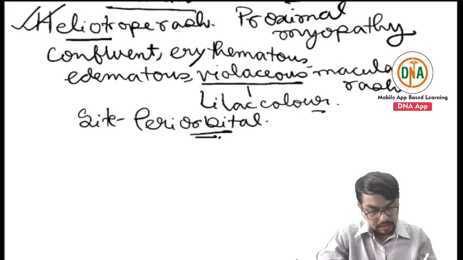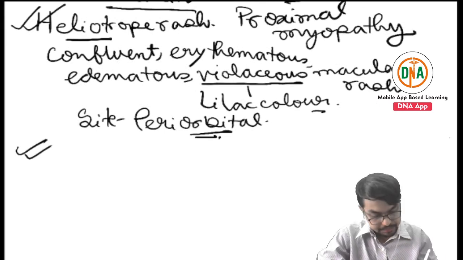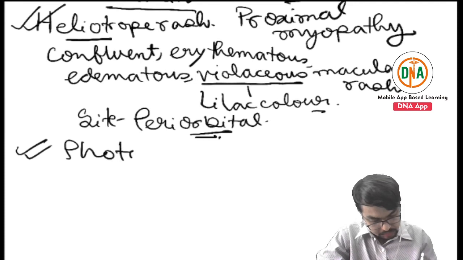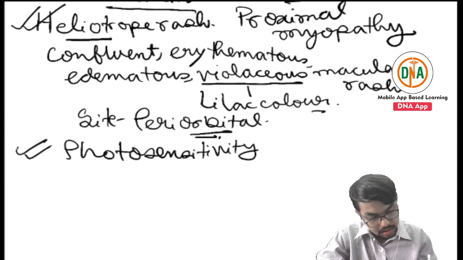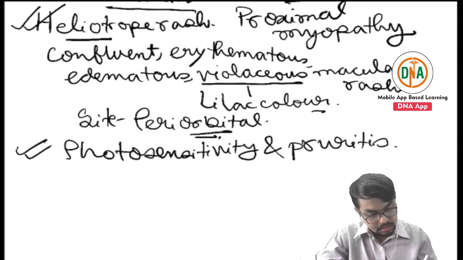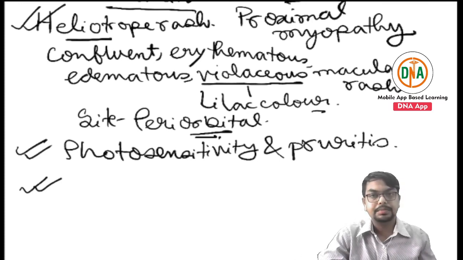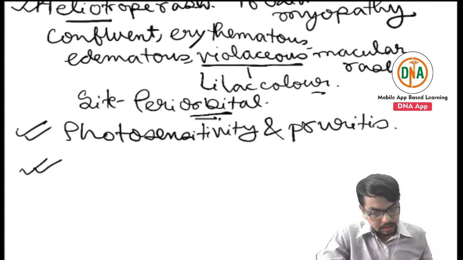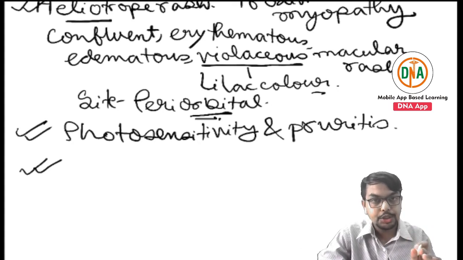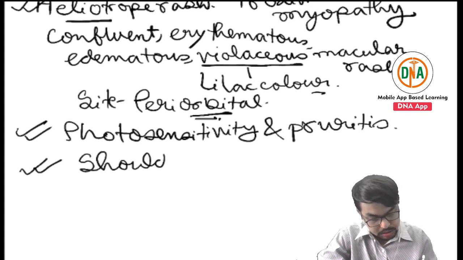What are the other features? There will be photosensitivity and pruritus. The rash is pruritic in nature. Now, a similar confluent erythematous, violaceous, edematous macular rash is also present over the shoulder and over the lateral thigh.